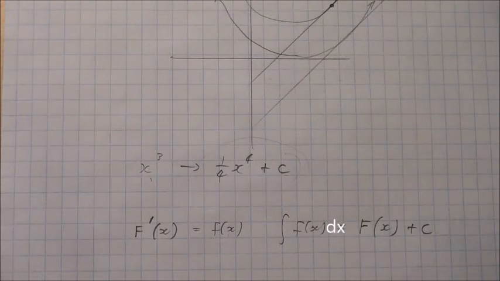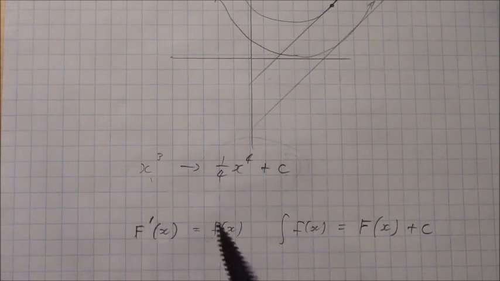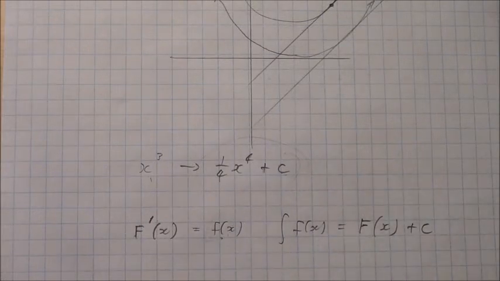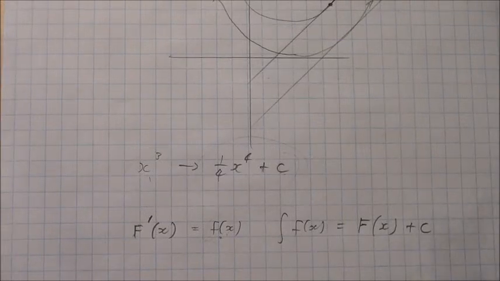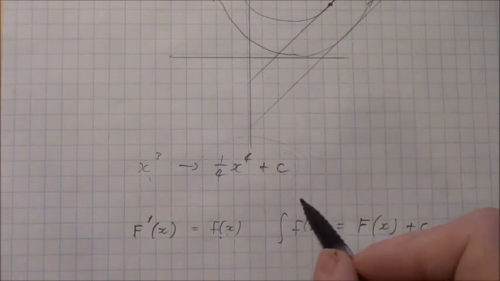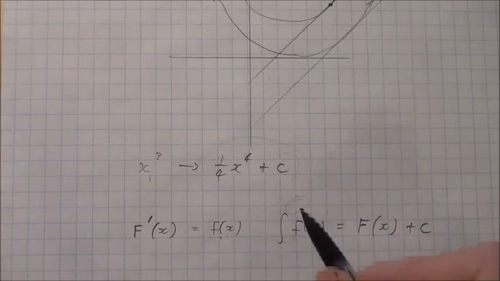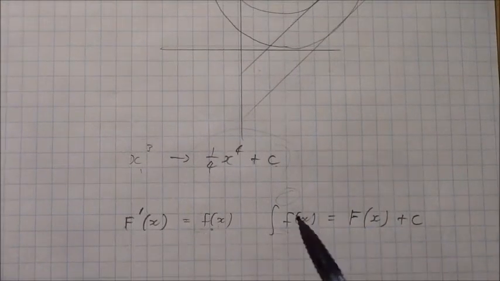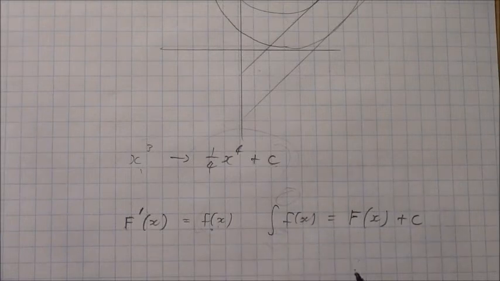Okay, that constant of integration. Okay, this uppercase F of x is the antiderivative of this function f of x. So when you take the derivative of the antiderivative, we actually end up getting that original function that we were looking at. Okay, we call this the indefinite integral because there are no indices here to tell us over what range we're taking the integral. Okay, that's the indefinite integral.